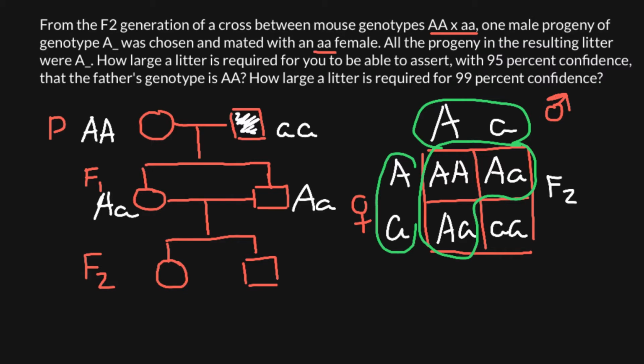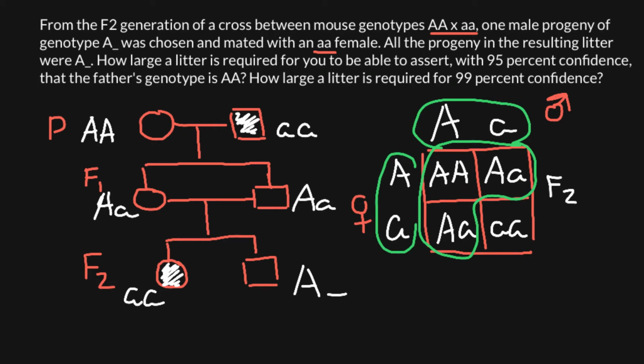The female is homozygous recessive. So this female here in the F2 generation, we know her genotype, but we don't know the genotype of this male. So that means this female has to be affected, but this male is not affected, and his genotype can be either homozygous dominant or heterozygous.